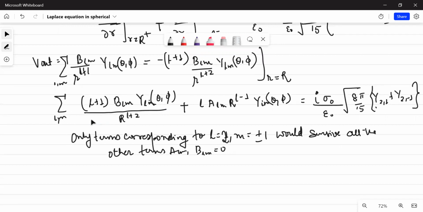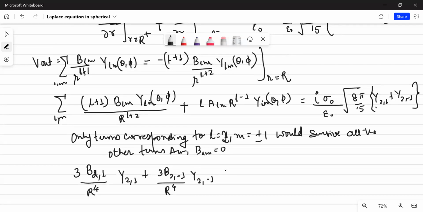So the first thing that I have to do is, if I write L equals 2 and M equals plus minus 1, and if I divide it by L equals 2, this will be like 4 here, and this will be like 3 here, and this will be Y 2 1, and then again 3 B 2 minus 1 divided by R raised to power 4, and again you will have this Y2 minus 1.